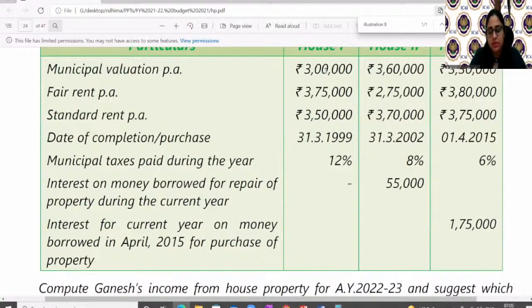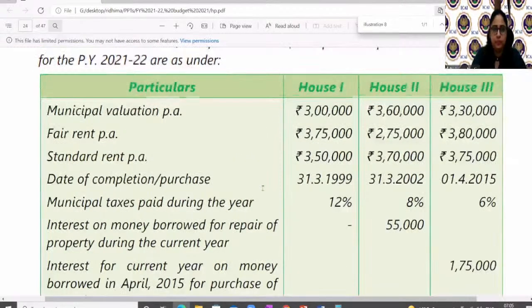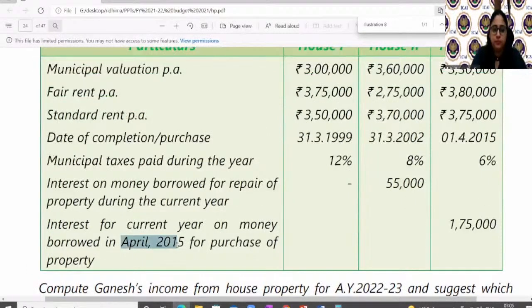Deduct 30% of NAV, deduct interest on borrowed capital. This question is not about a construction loan. This is about a purchase loan. So the 5 years period is not relevant.